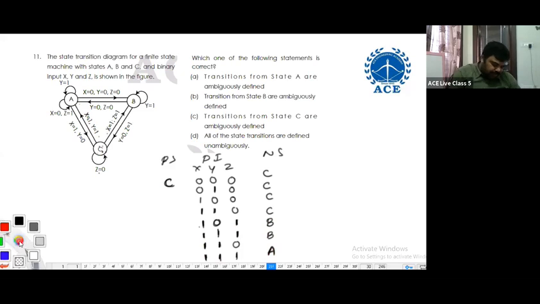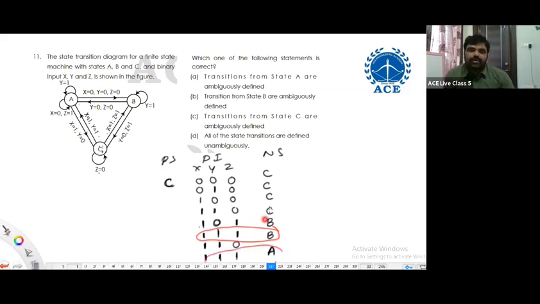So if you are observing this definition of a state or system, for the 111 condition from C, next state is B. Sorry, I might have written one state less here. I forgot to write the last one.